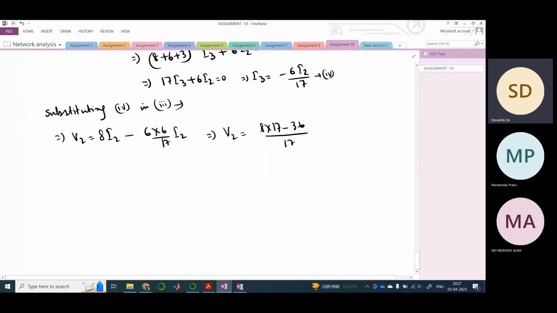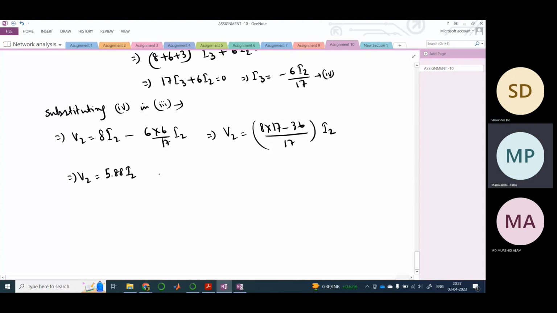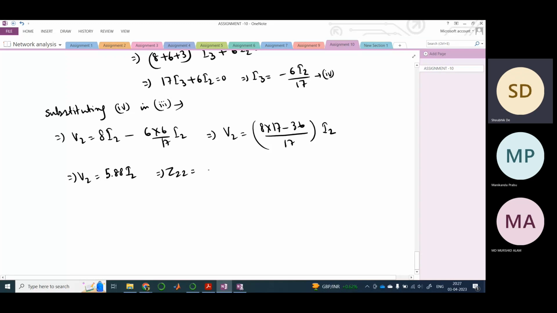Can anyone calculate and tell me what is this value? 5.88. So therefore we get Z22, which is V2 by I2, is 5.88 ohm.